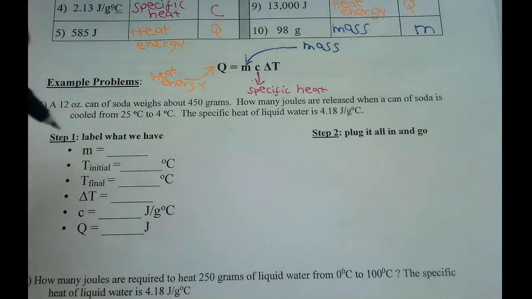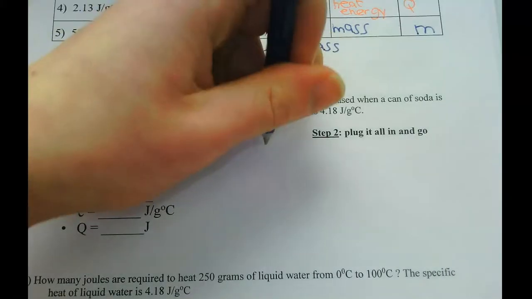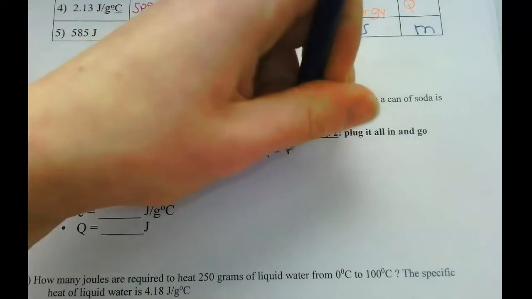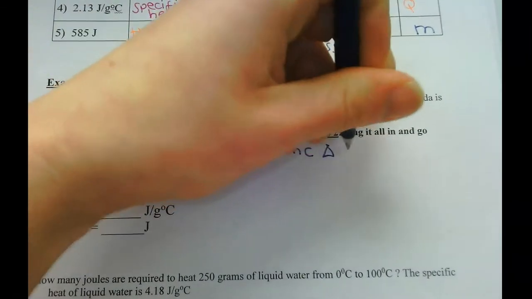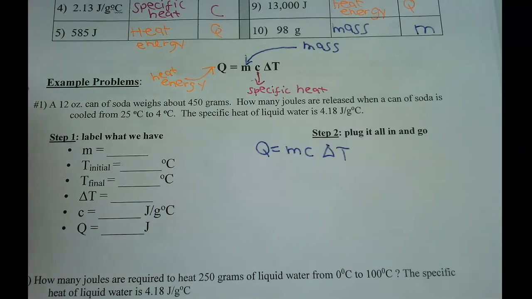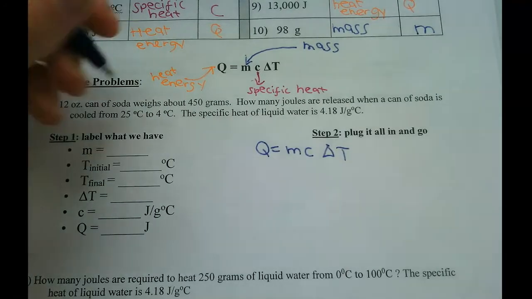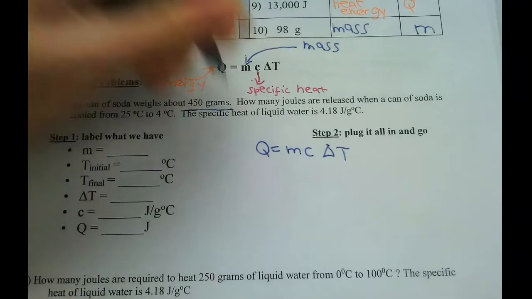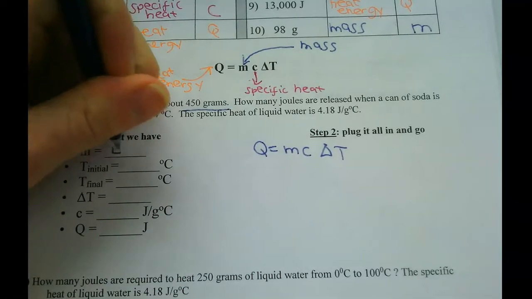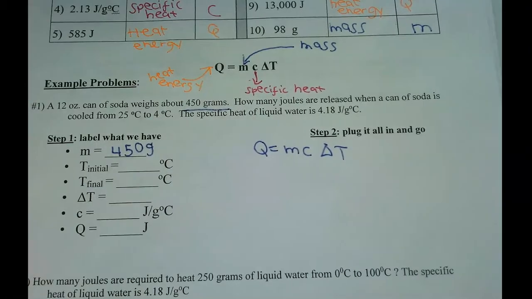You just read through it, identify your variables, plug it all in and go. So we're working with this equation, Q is equal to MC delta T. A 12-ounce can of soda weighs about 450 grams. That's mass.